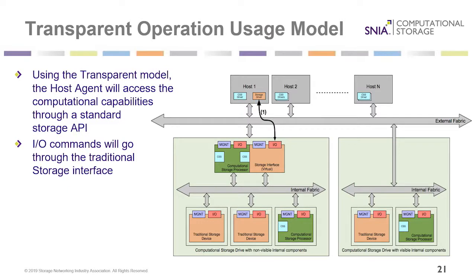If we move to the next one, the transparent model, what this is effectively is any I/O usage. So I'm doing writes, I'm doing reads. It's been configured in a model where I'm doing that compression in the background without having to do any specific command to do that computational work.